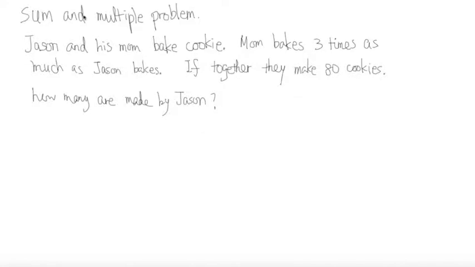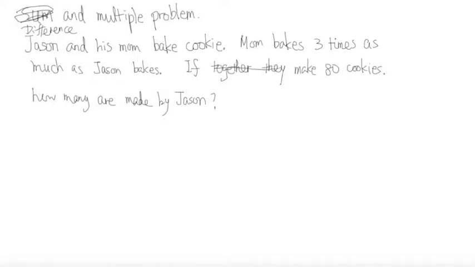Okay, so we're going to do a slightly different problem. Let me just edit here. Instead of sum, we'll do difference. The difference and multiple problem. The problem would be similarly stated. We have Jason and Mom baking cookies. Mom bakes 3 times as much as Jason bakes. But now instead of the sum being 80, we say the difference.